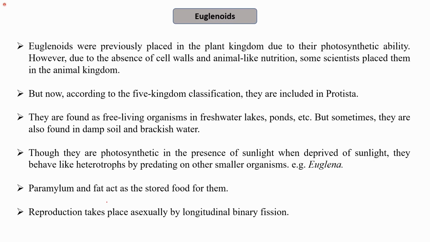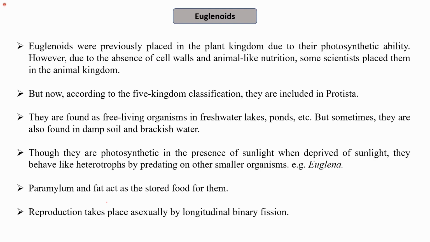So there was confusion whether euglenoids are plants or animals, and they are now in the kingdom Protista, as they have characteristics matching both plants and animals, but not characteristics unique to either the plants or the animals. Therefore, they are placed in the kingdom Protista.